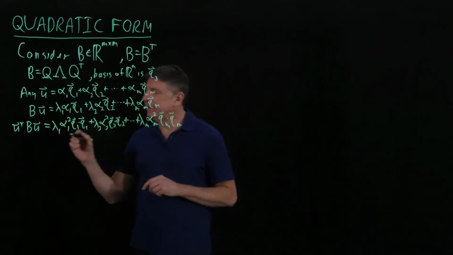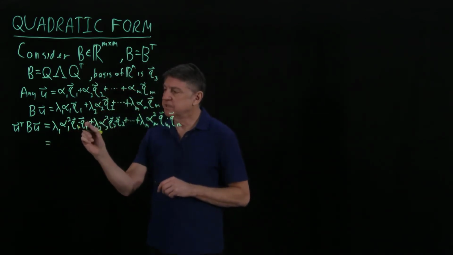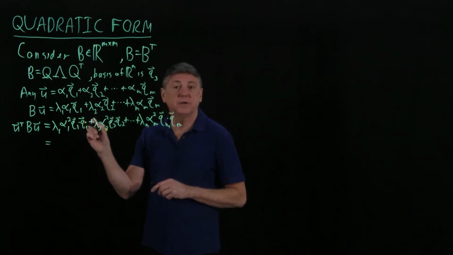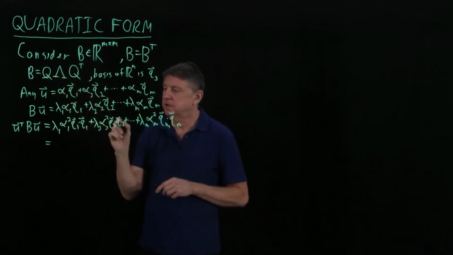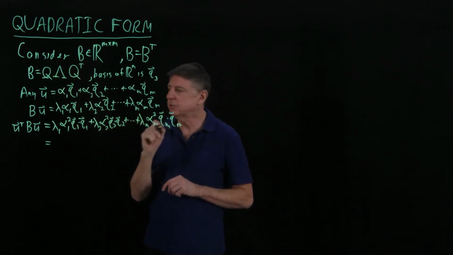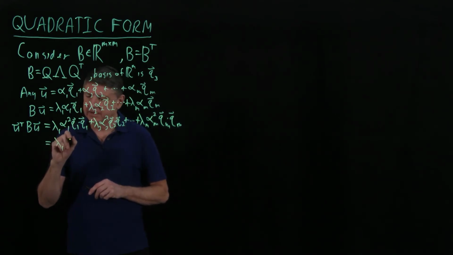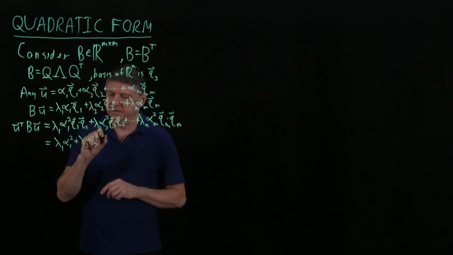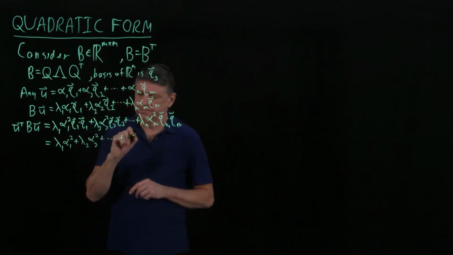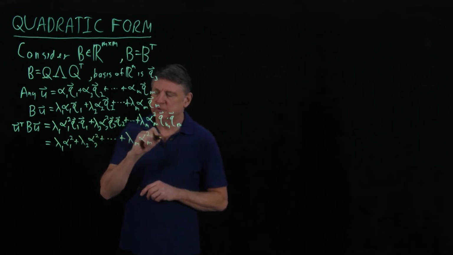Q1 dot Q1 is 1. Why? Because it's a column of an orthogonal matrix. Q2 dot Q2 is 1, and so on. And that means that I can write this as lambda 1 times alpha 1 squared plus lambda 2 times alpha 2 squared, and so on to lambda m alpha m squared.